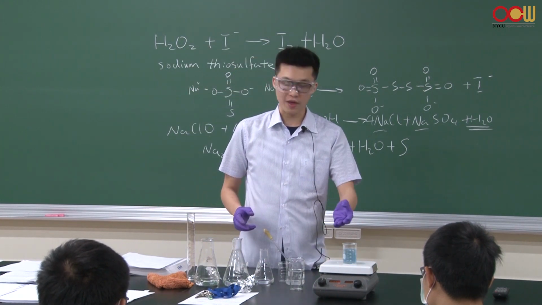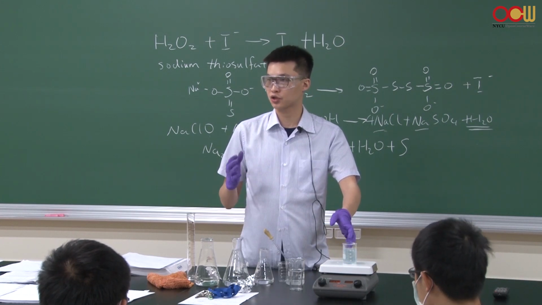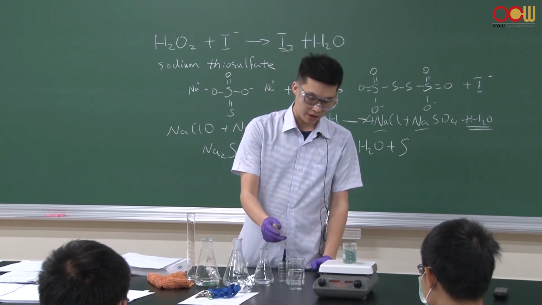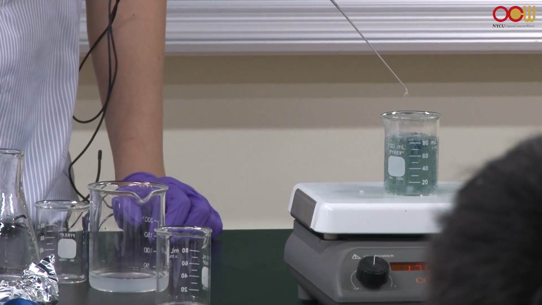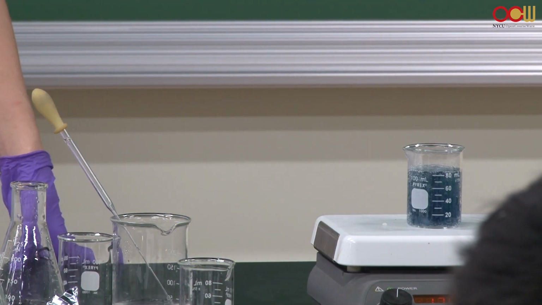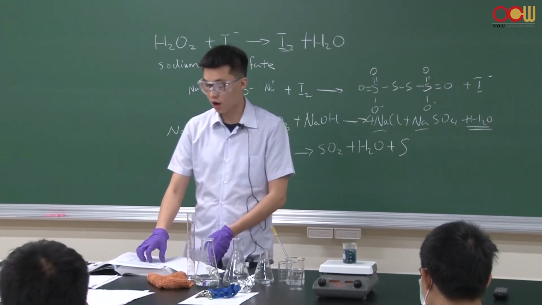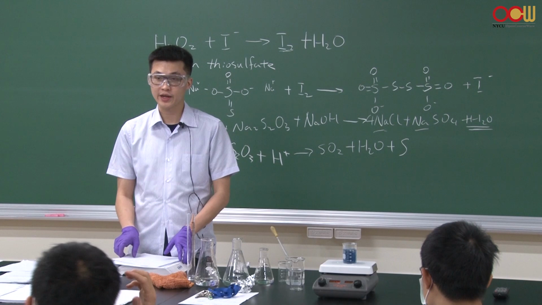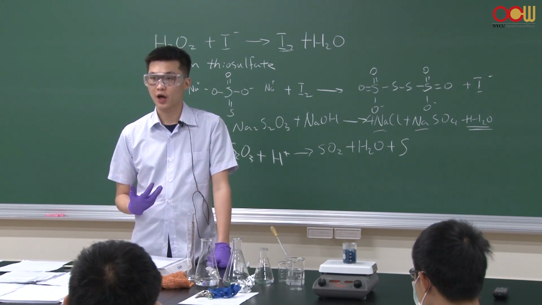To confirm that the color change is the iodine starch complex, I'm going to add a little bit more starch in it. Because there are multiple kinds of reagent in it, you have multiple equilibria going on, right?